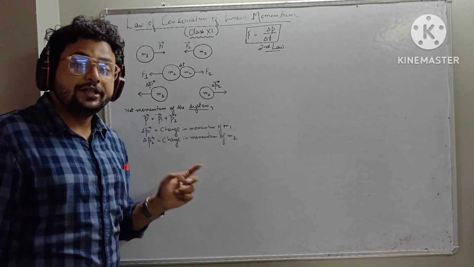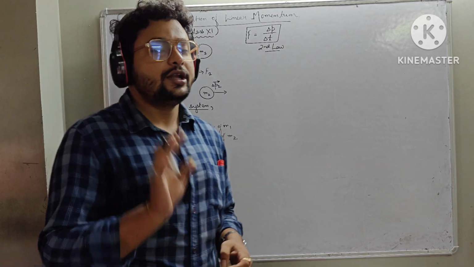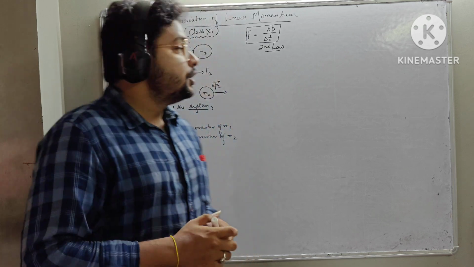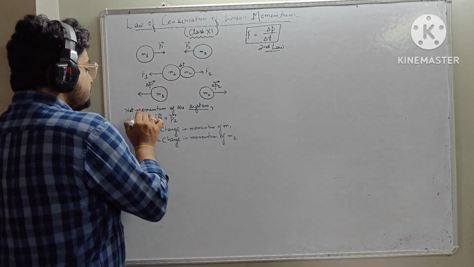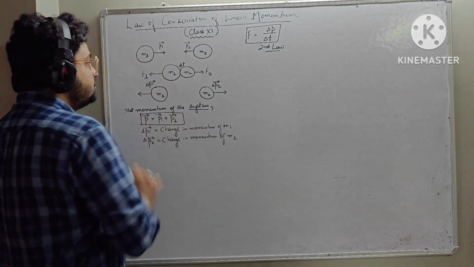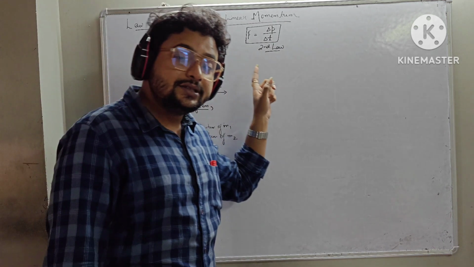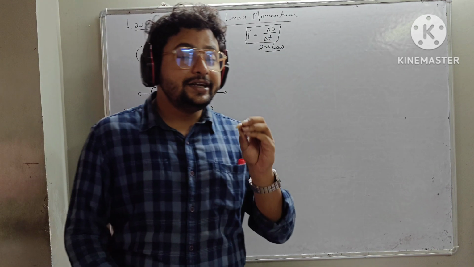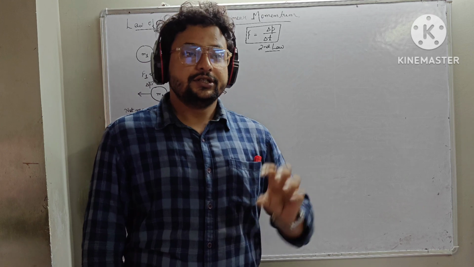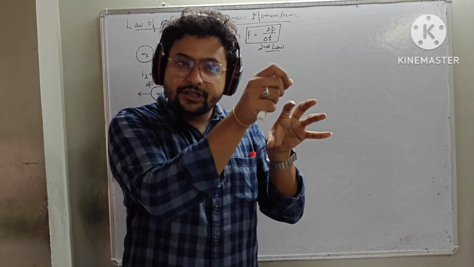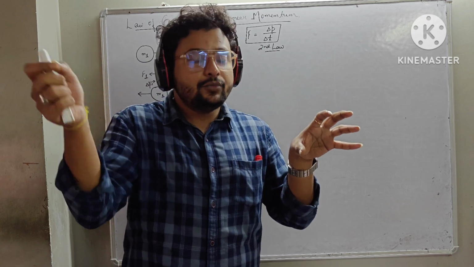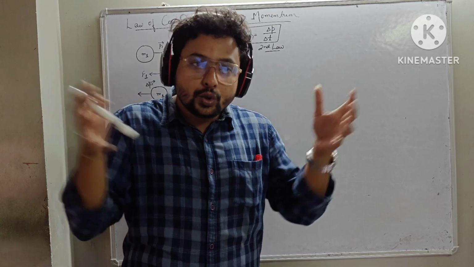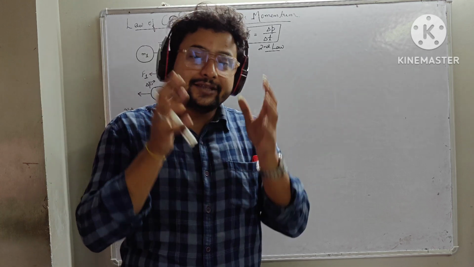So these are the changes in momentum of M1 and M2. Fine. Now see, what was the total momentum of the system? P was the total momentum of the system, that is P1 plus P2. Now if the momentum of the first body changes and the momentum of the second body also changes, then the total momentum of the system has to change.